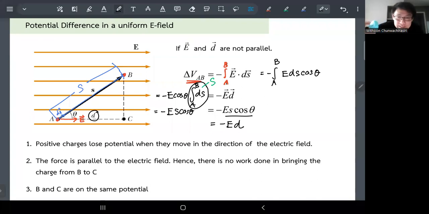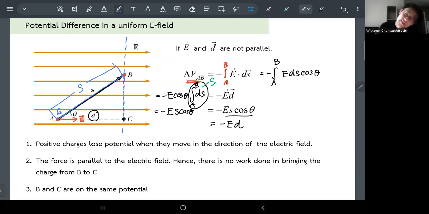No difference, right? So that means it doesn't matter where I land, as long as my final position is on my blue dash line over there, the potential difference will all be the same, right?